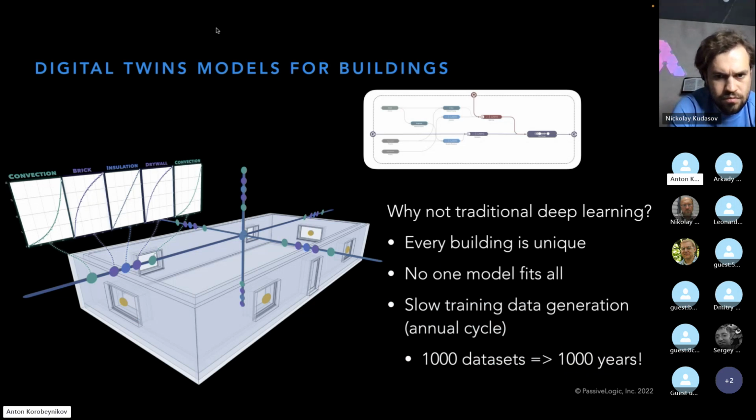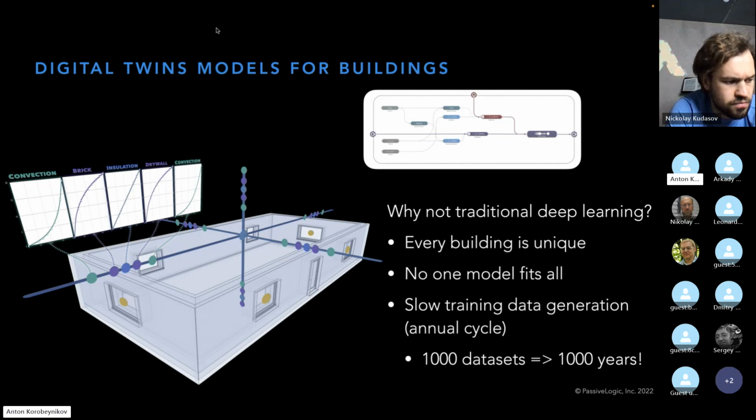The first question to answer is, why not traditional deep learning here? Why can't we just have a data set of how we cool or heat the building and then build some predictions? The answer is that every building is unique, and therefore we cannot build one model that fits all.